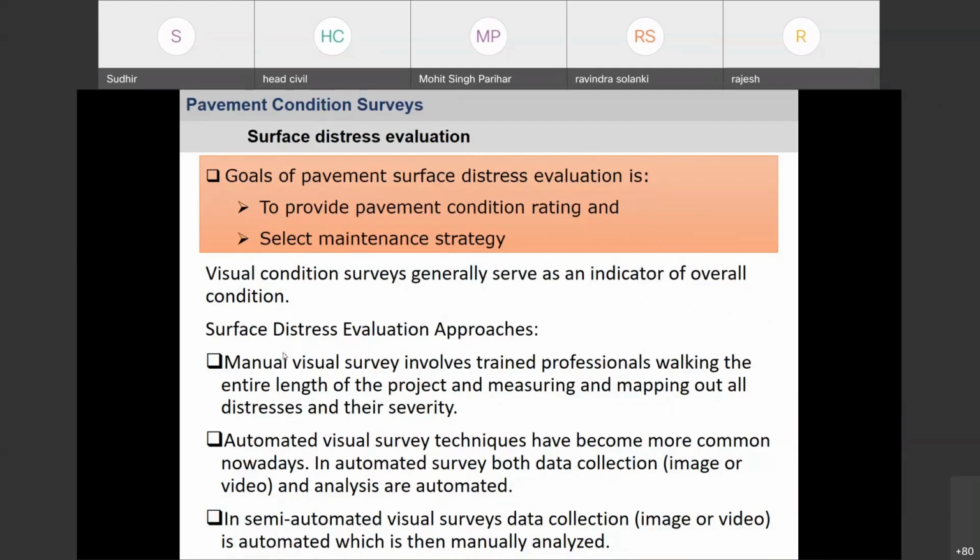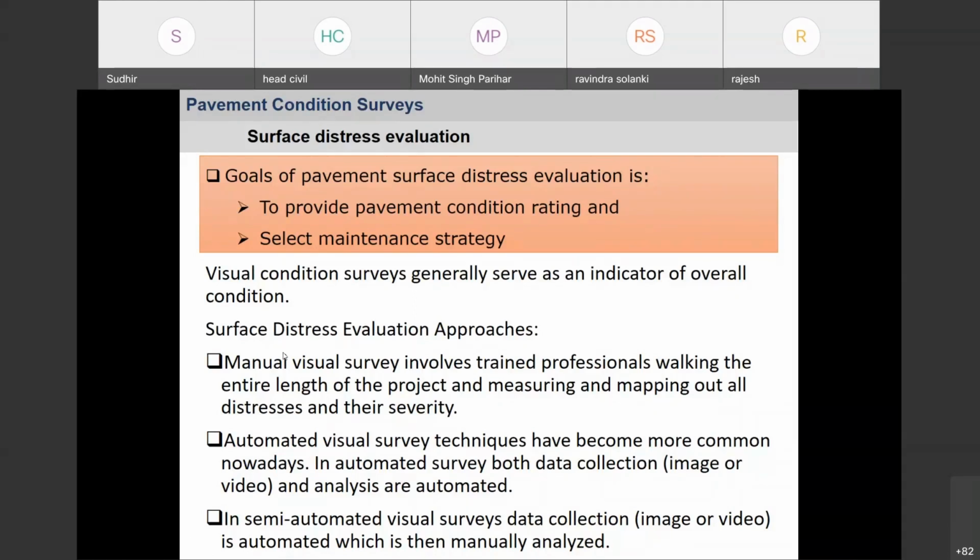You might have several approaches. I am listing three; basically, you can categorize it into three approaches. The first approach I have put as manual visual survey. What is a manual visual survey?